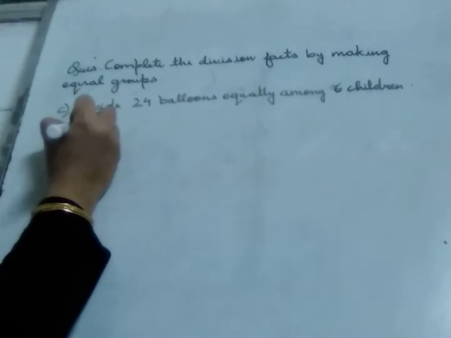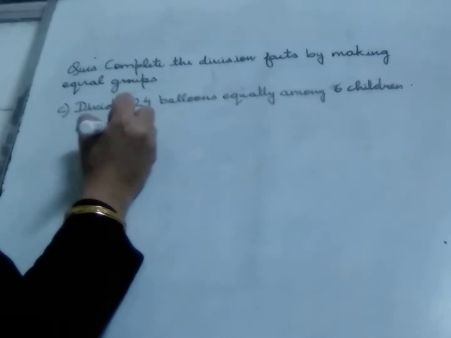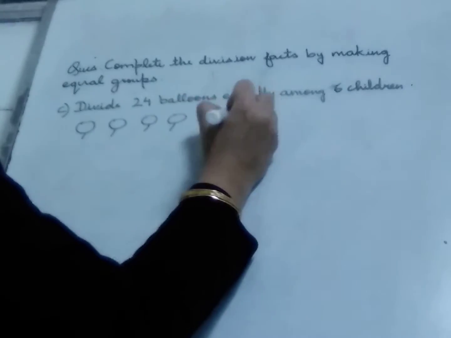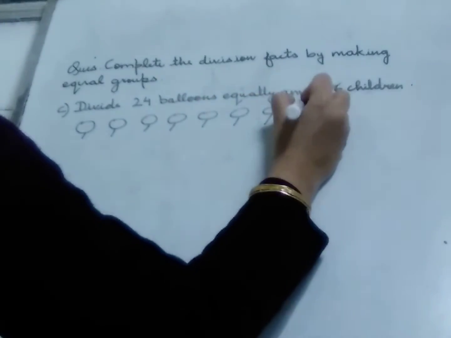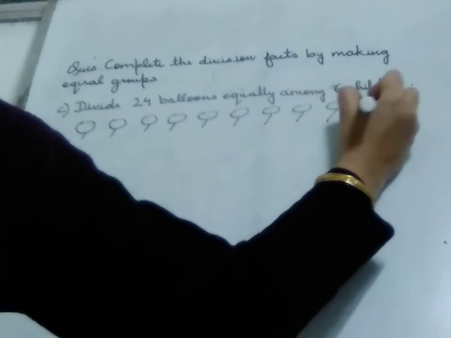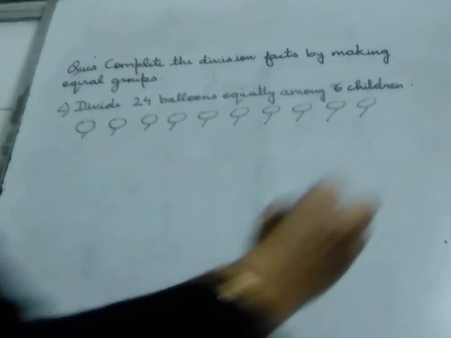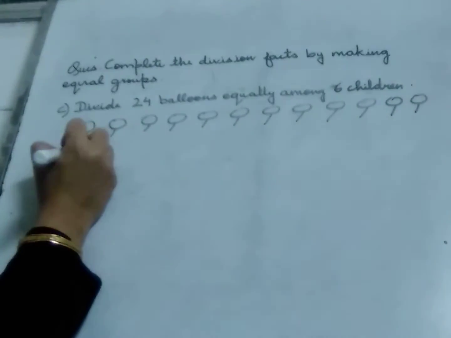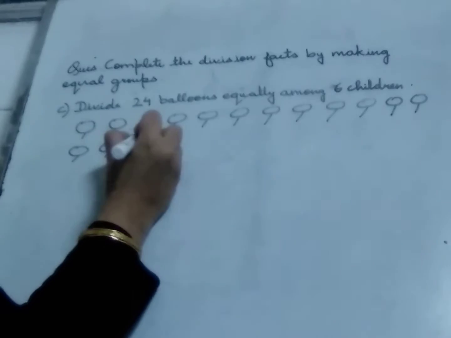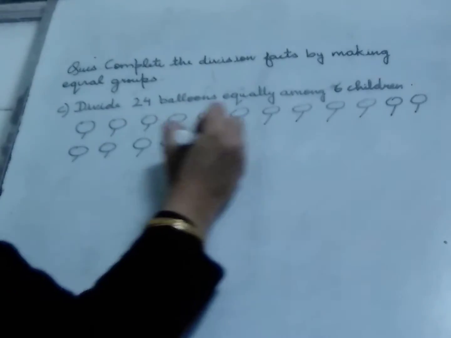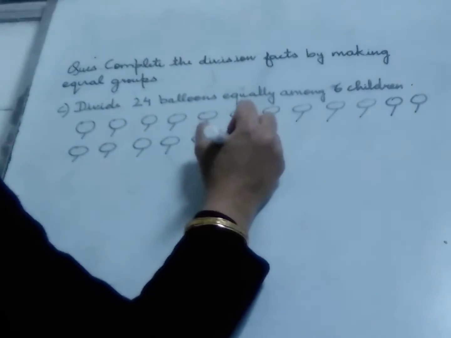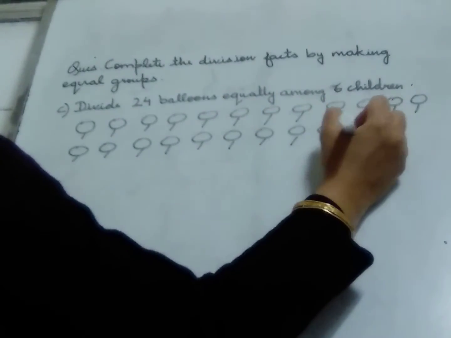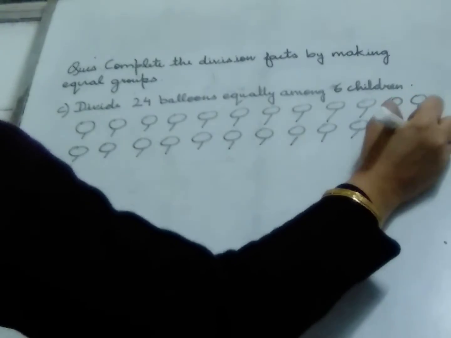So first make a picture of 24 balloons. 1, 2, 3, 4, 5, 6, 7, 8, 9, 10, 11 and 12. And this is your 13, 14, 15, 16, 17, 18, 19, 20, 21, 22, 23 and 24.